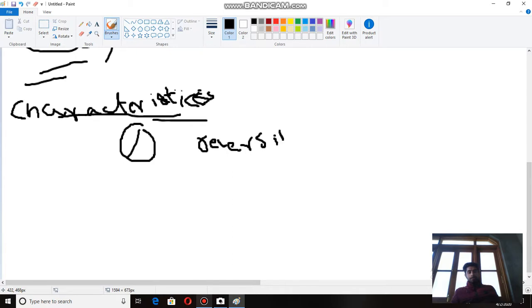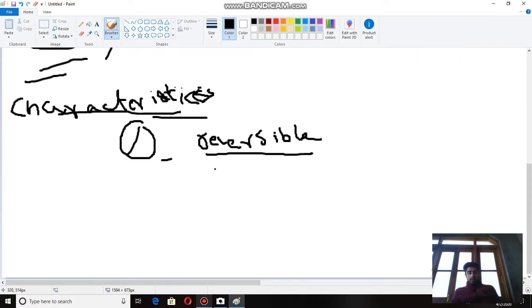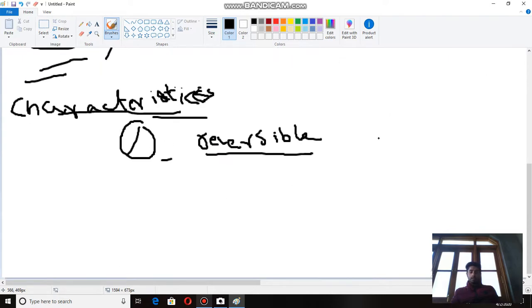How? No prize for guessing. If we decrease the pressure and increase the temperature, the rate of adsorption will decrease. That means this physical adsorption is reversible in nature.